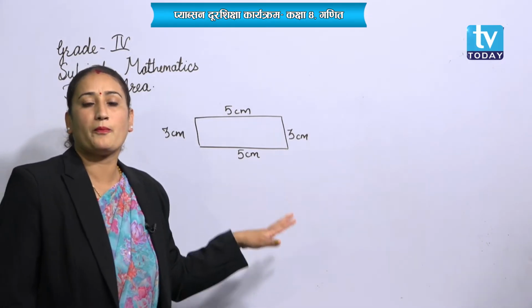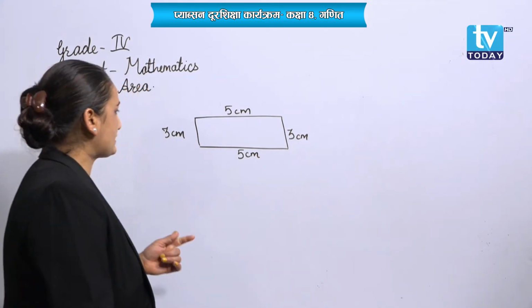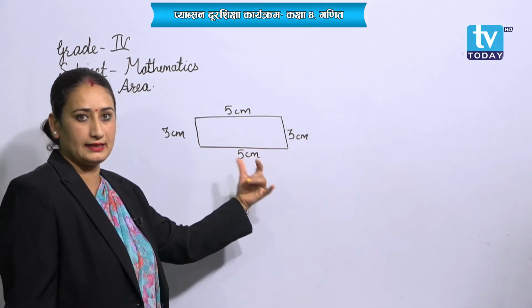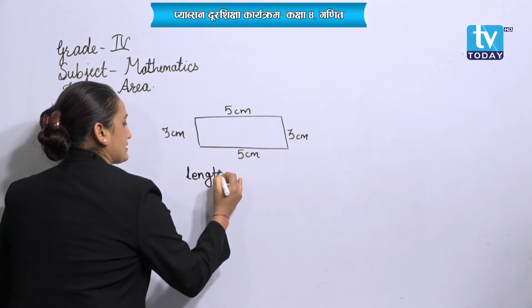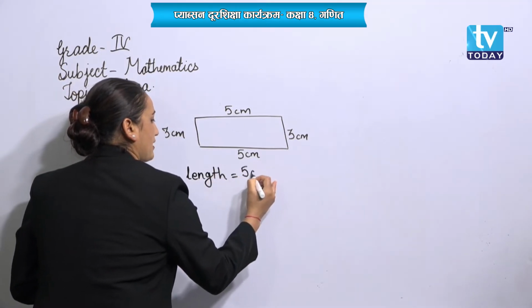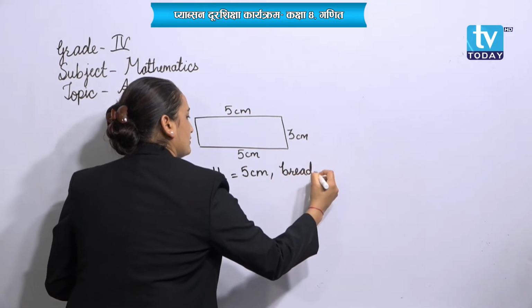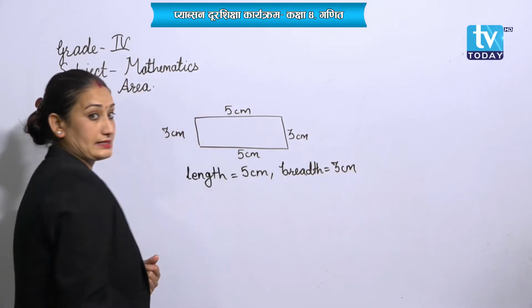That means opposite sides are equal. You have to identify which is longer in length. So I am going to write here: length is given as 5 cm and breadth is given as 3 cm.